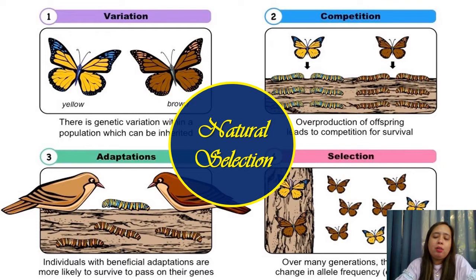population. We know for a fact that when we're talking about variation, this is a genetic variation within a population which can be inherited. So variation is part and parcel also affected by mutation, gene flow, and genetic drift.